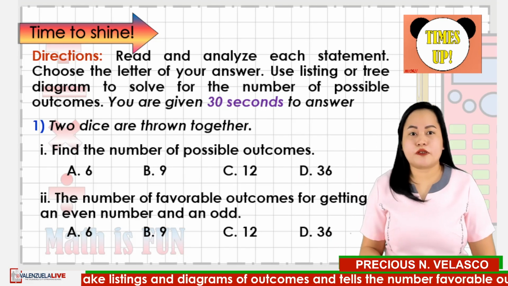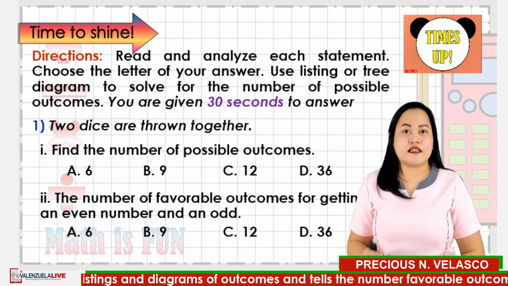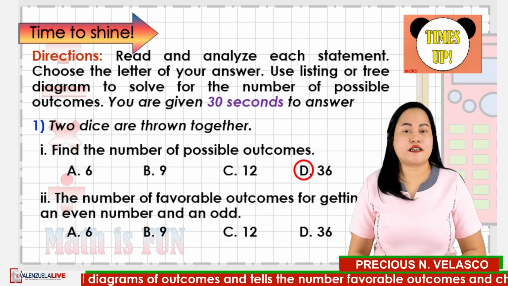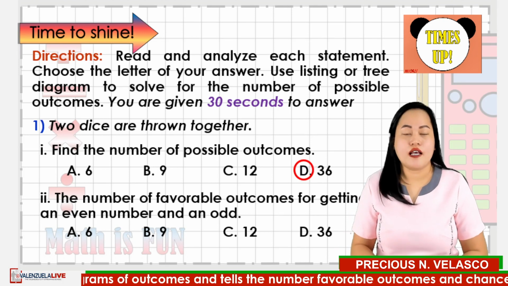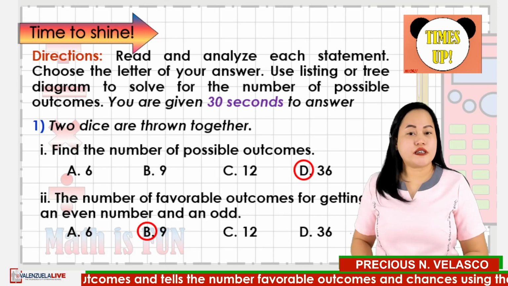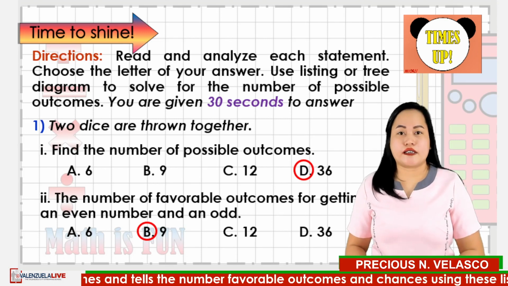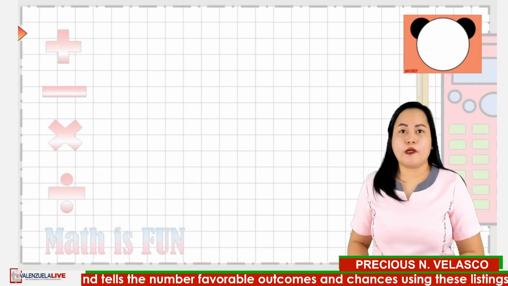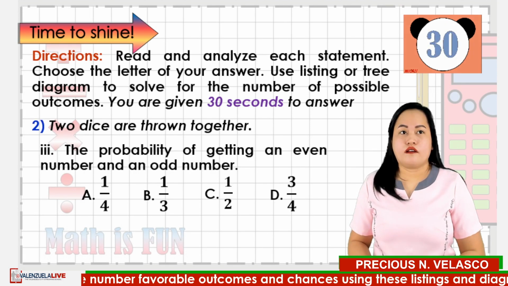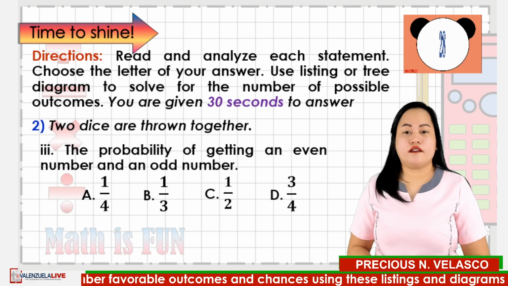Okay, time's up. So let's give the answers. For the first one, it's B. If your answer is B, you are correct. Next is B. If your answer is B, you are correct. Next number. 30 seconds again.